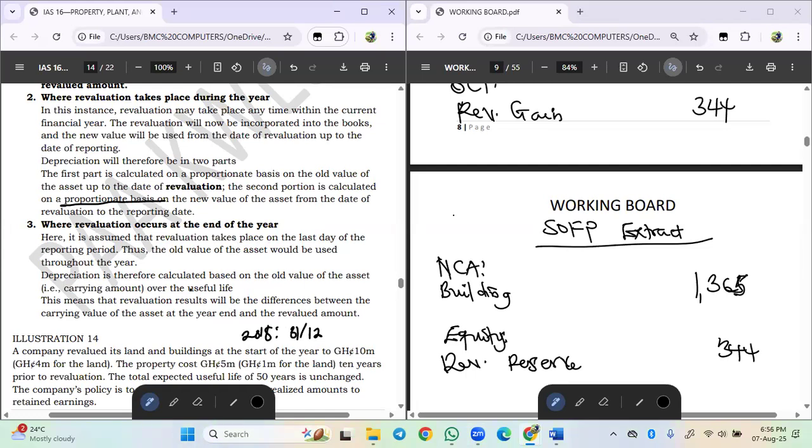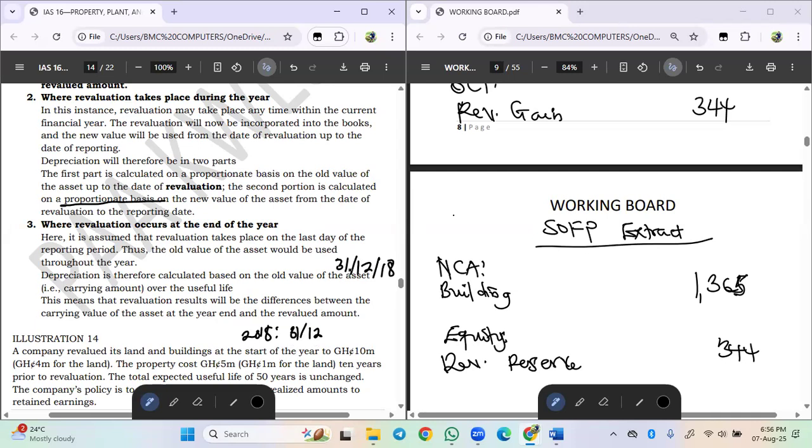Therefore, the revaluation result, whether it's gain or loss, will be the difference between the carrying amount of that asset at the year end, the carrying amount as at 31st December 2018, and the revalued amount. Let's say revaluation occurred on 31st December 2018.